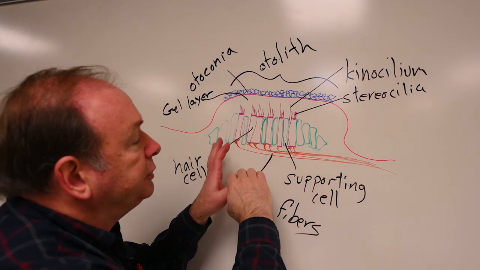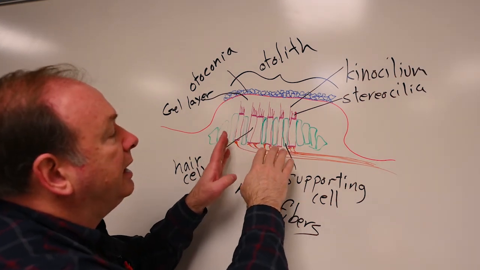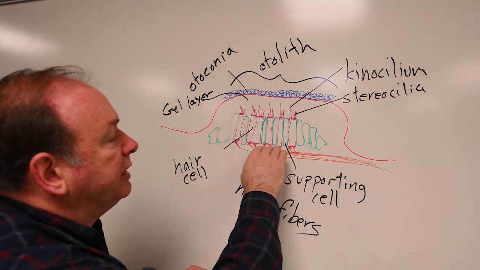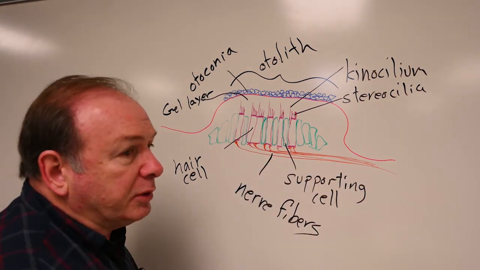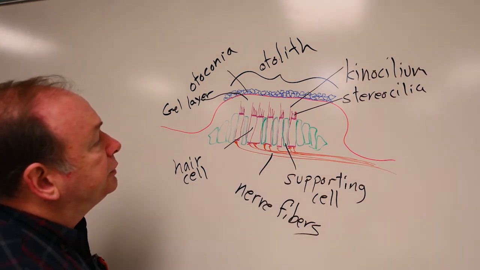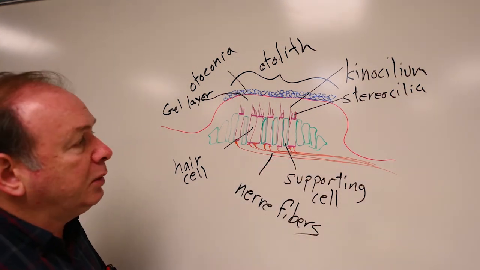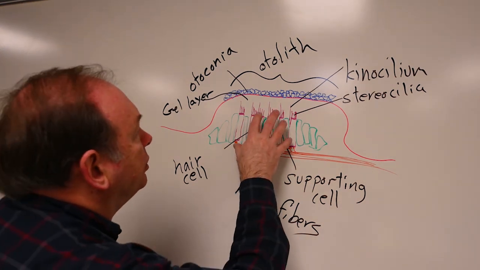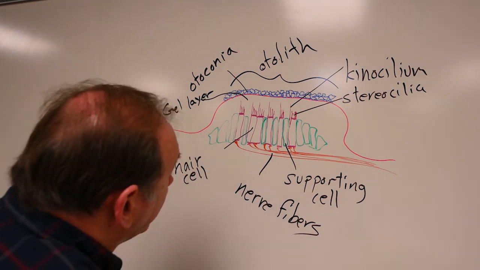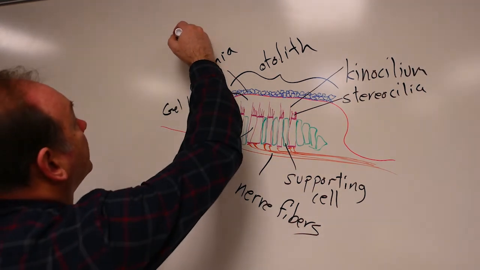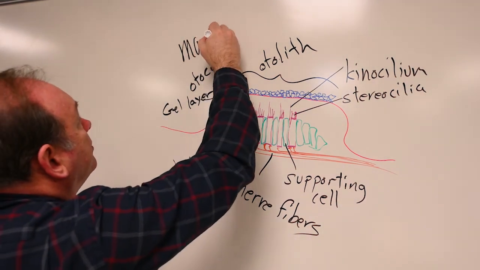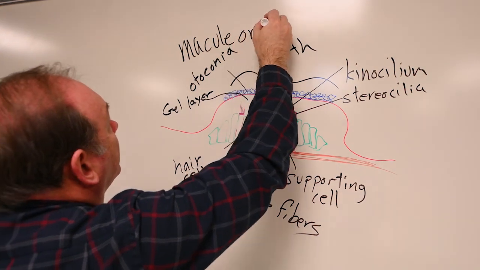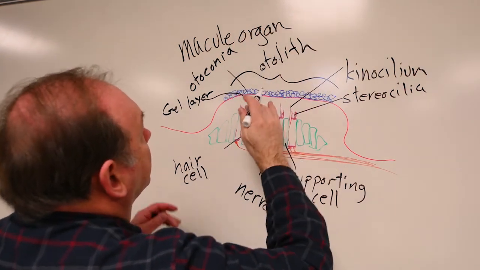When they go the opposite direction, they hyperpolarize and reduce the amount of neurotransmitter released, decreasing the signal to the brain. So that's your sense of static equilibrium found in the utricle and saccule using these, what we call macule organs. So this is the macule organ, the entire structure.